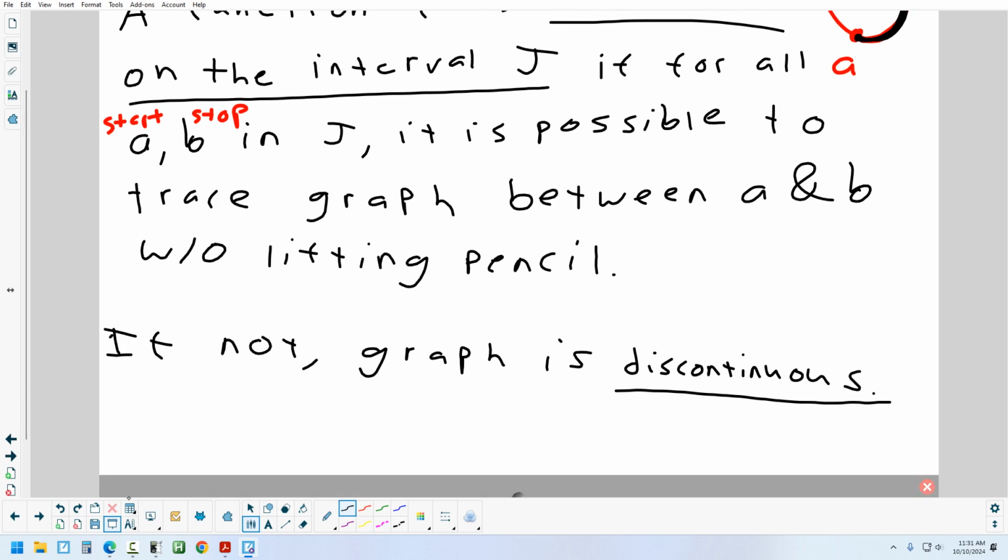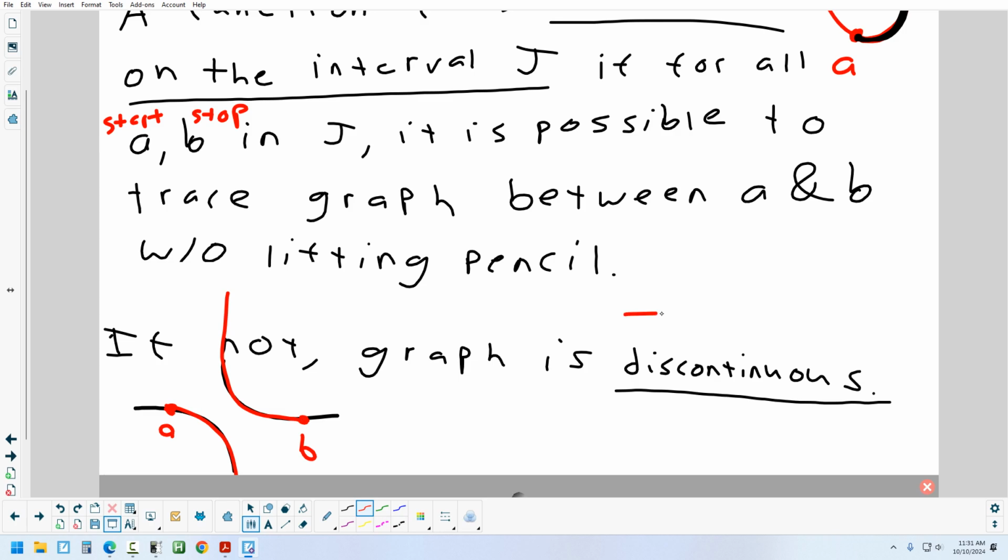Okay, so here's something that's not continuous. Here's A, here's B. I want you to trace along that graph from A to B. Well, tracing along from A, you go down forever, then you have to lift your pencil, put it back down, and now you can trace to B. I had to lift my pencil to do that. That is discontinuous.